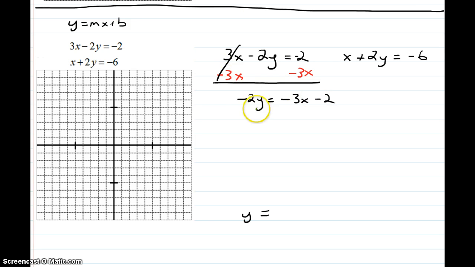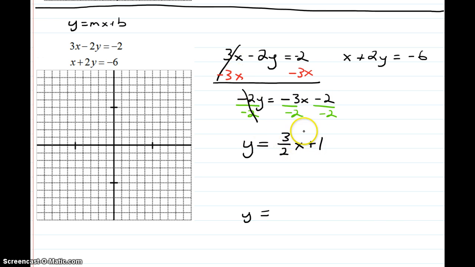Now we need to get rid of the -2 in front of the y, so we divide both sides by -2. So the -2's go away, and now I get y equals, a negative divided by a negative is a positive, so I get 3/2x. A negative divided by a negative is a positive, positive 1.